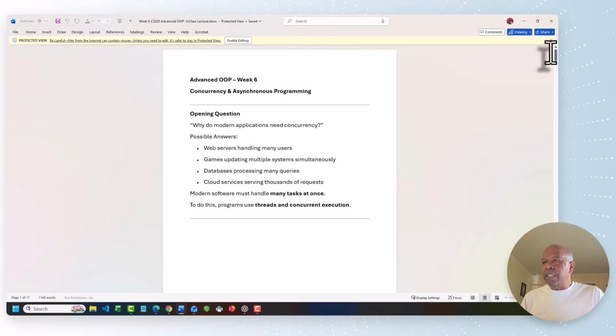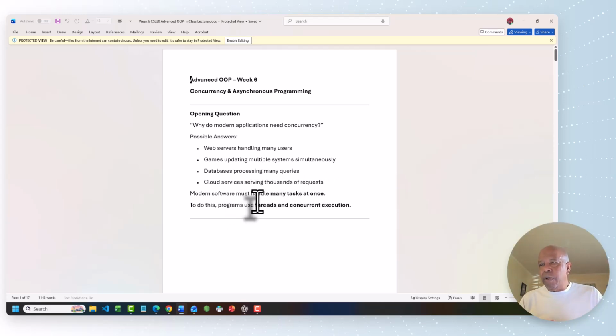Going back to this question, why do we need to have concurrency? If you look at some of the things that are happening in various systems, we have web services handling many users. We have games updating multiple systems simultaneously. We have databases processing many queries, cloud services handling thousands of requests.